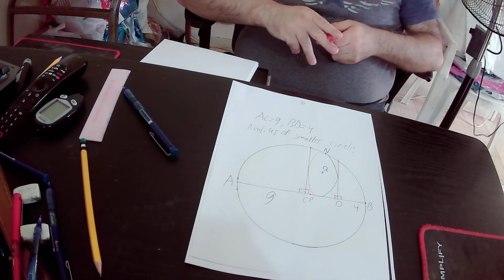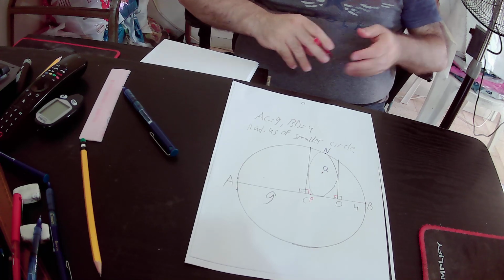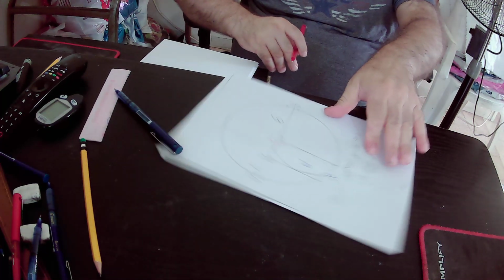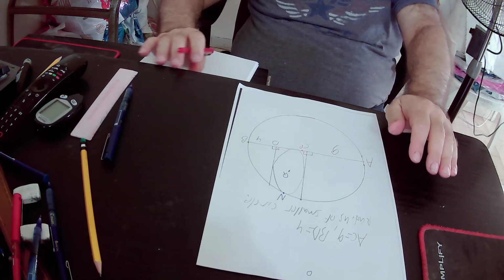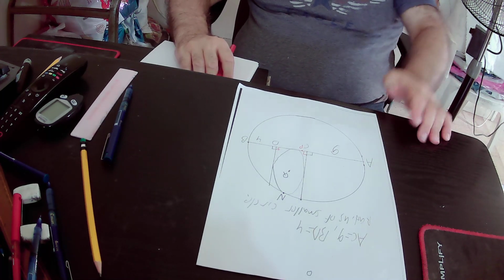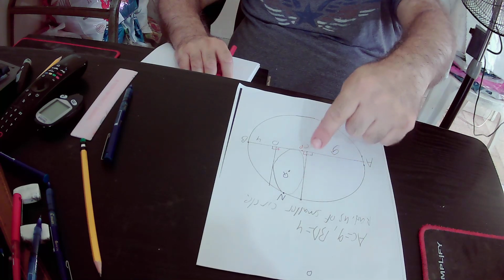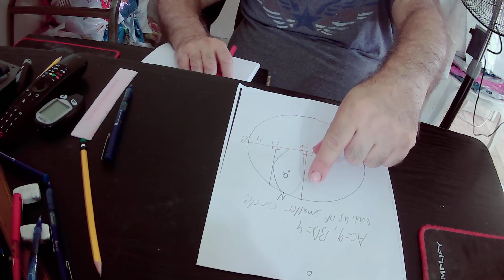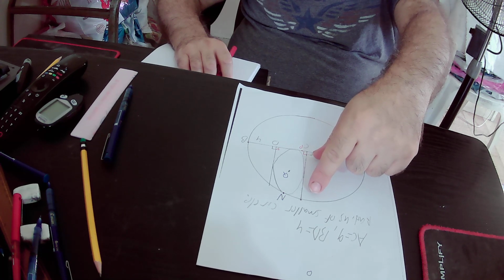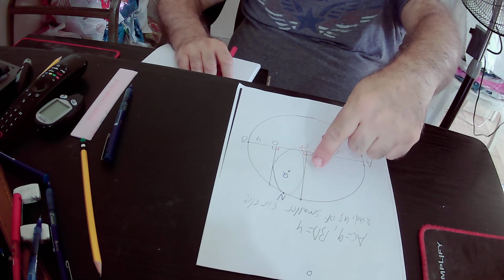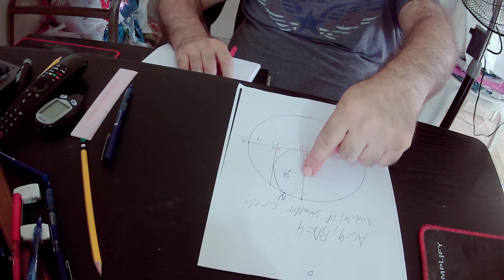And actually the small circle has 3 tangents. This is a tangent. This tangent is tangent to the circle at this point.